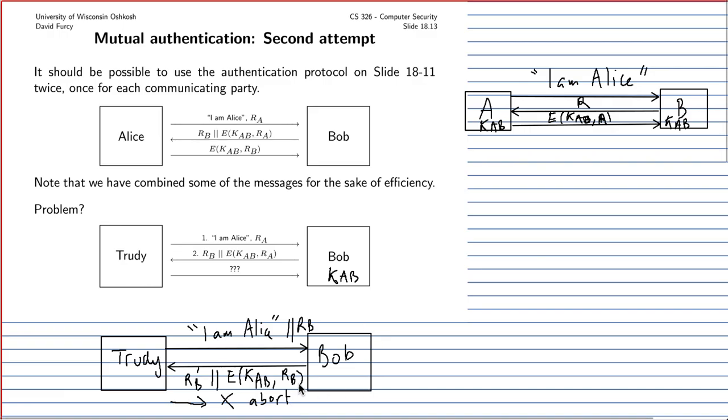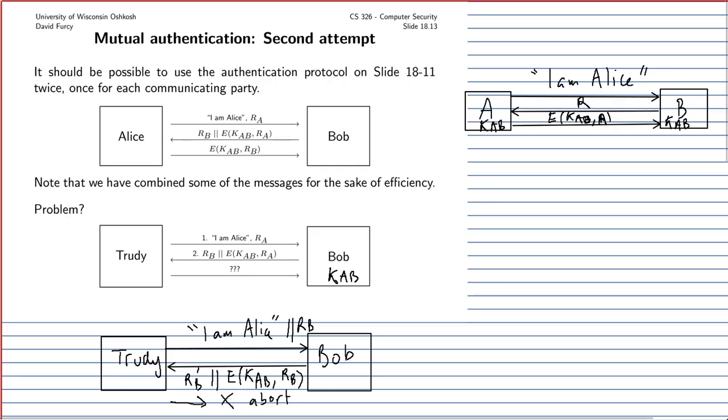If Bob doesn't get an answer within a particular interval of time, he's going to assume something went wrong, the connection was lost or something, and he's just going to abort. They're both going to abort this execution of the protocol. But it's okay for Trudy because she already got this message from Bob. So now she can use it back in the previous session.